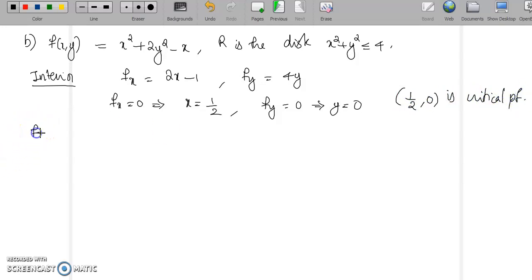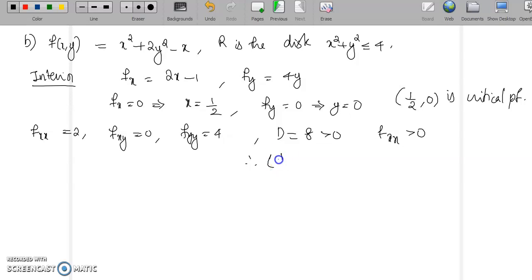Now when you take fxx, it will be 2, fxy will be 0 and fyy is 4. So D is going to be 8, which is greater than 0, and fxx is also greater than 0. So 1 by 2, 0 will be a relative minimum.